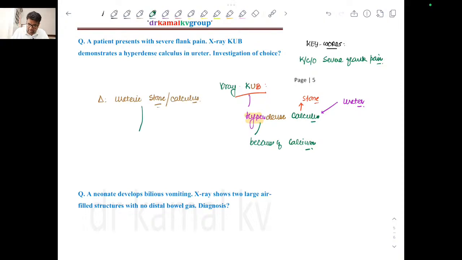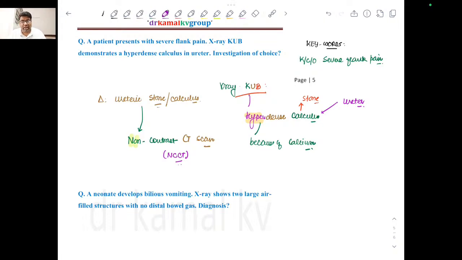Now the investigation of choice in such cases is non-contrast CT scan. Clear? So you will write it NCCT, non-contrast CT scan. Now why non-contrast?